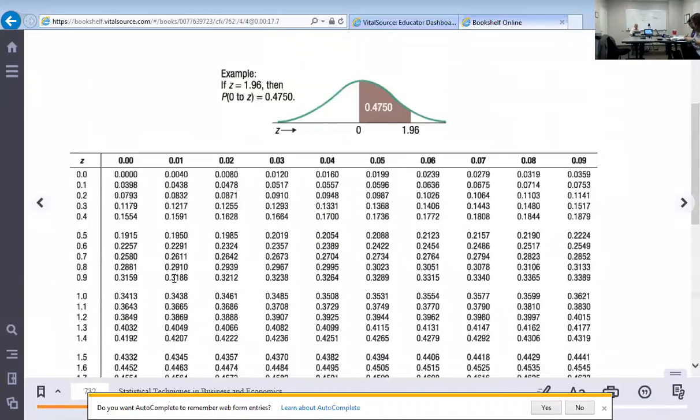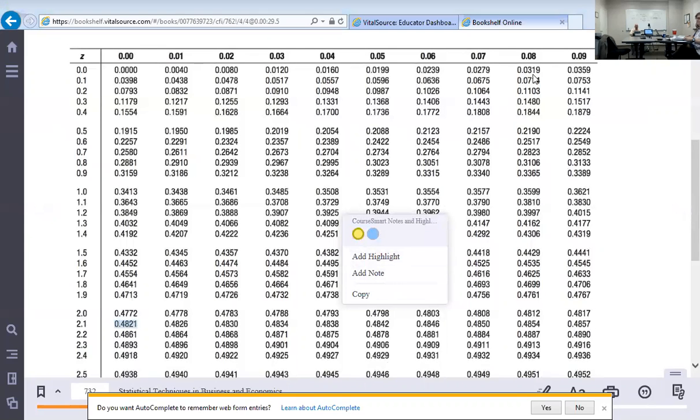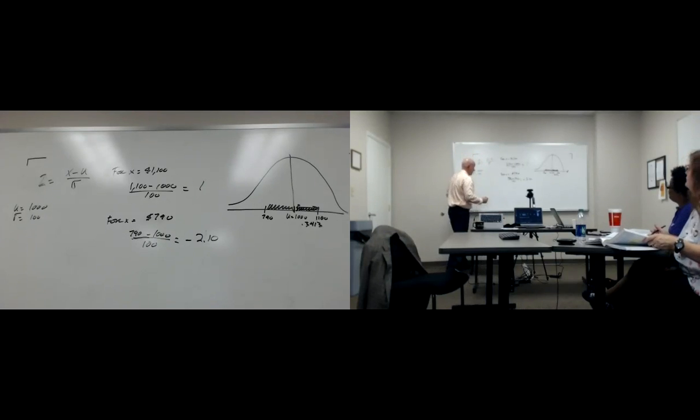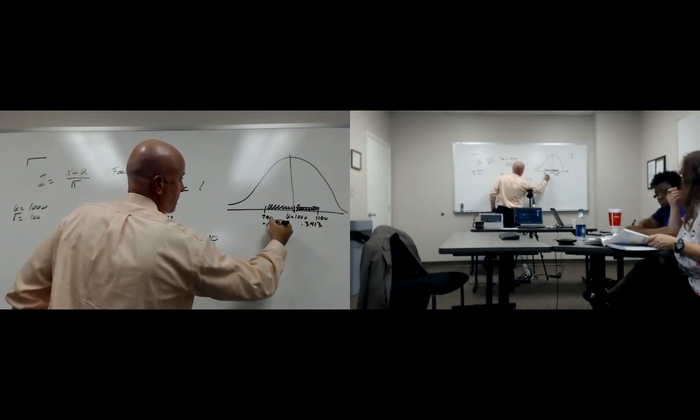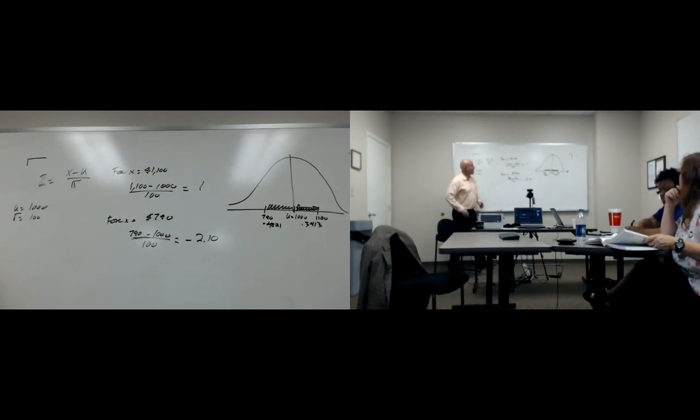So we look up 2.1, right here. So we say 0.4821.